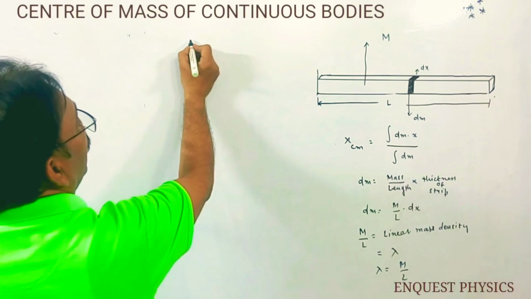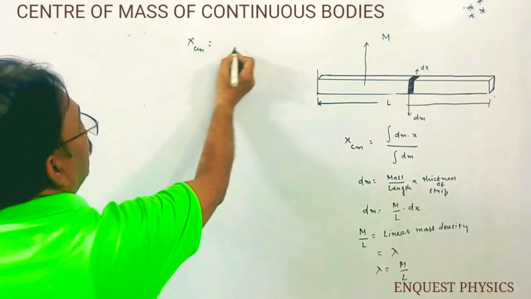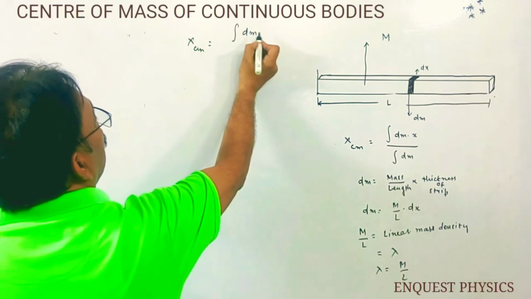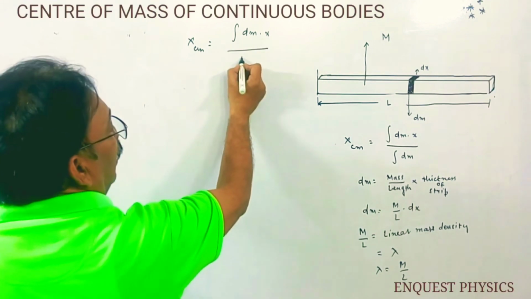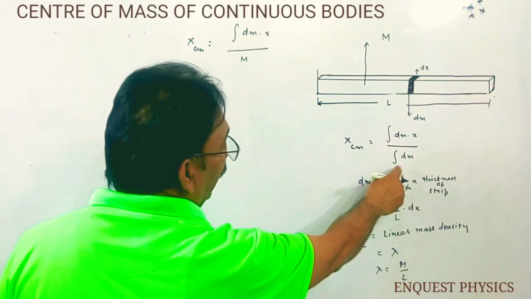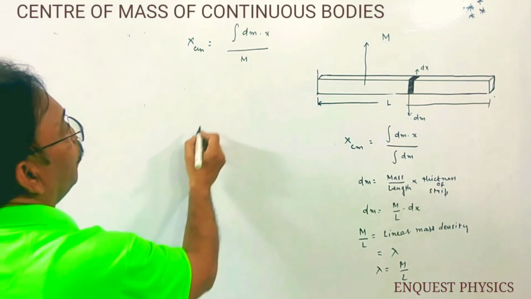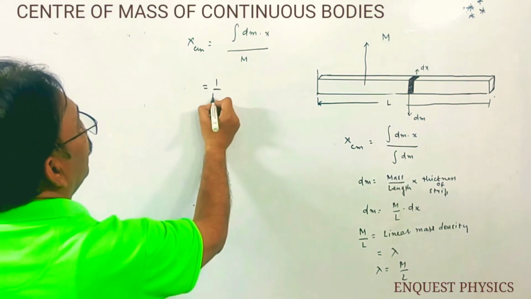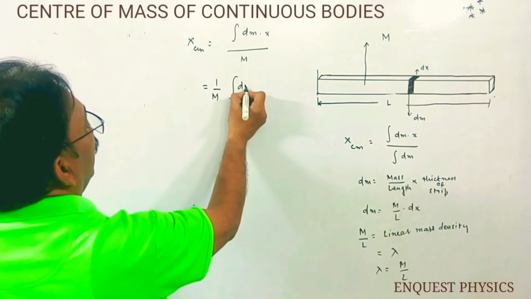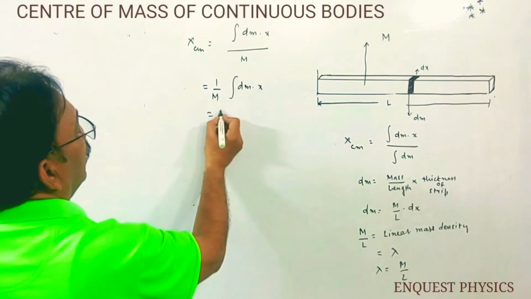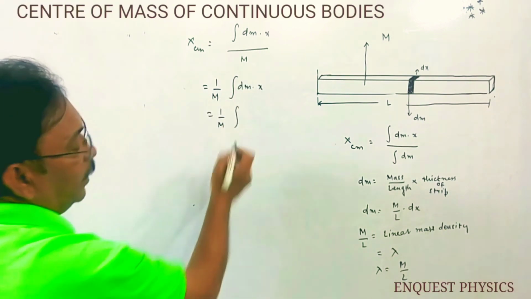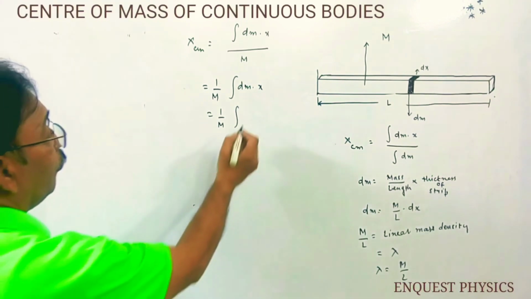Then the equation can be rewritten as xm is equal to integration of dm into x by m. By integrating the dm we will get the total mass. That's why I wrote it in this way. Then it can be written as 1 by m integration of derivative of mass into x.